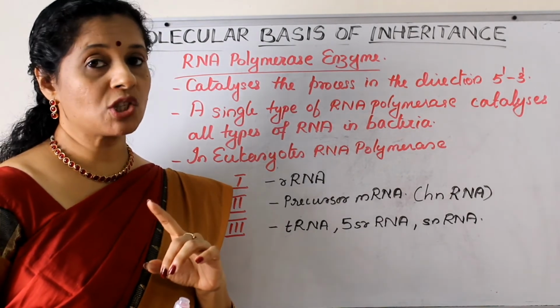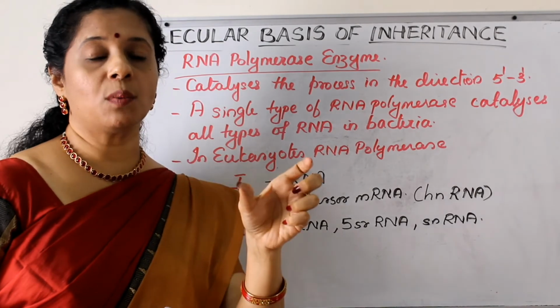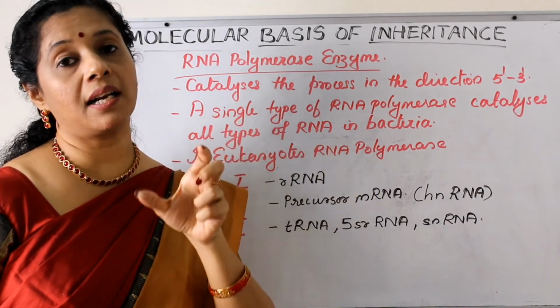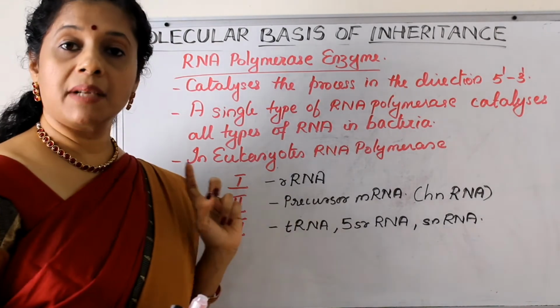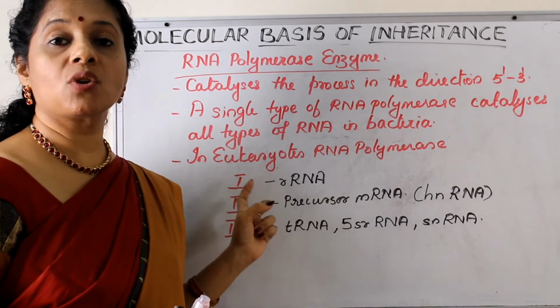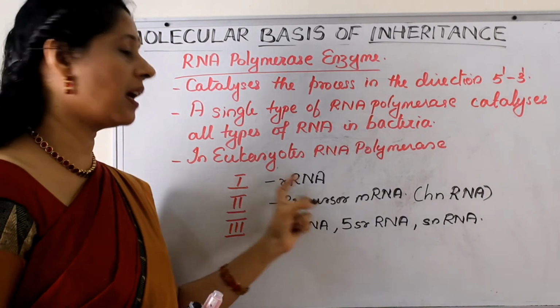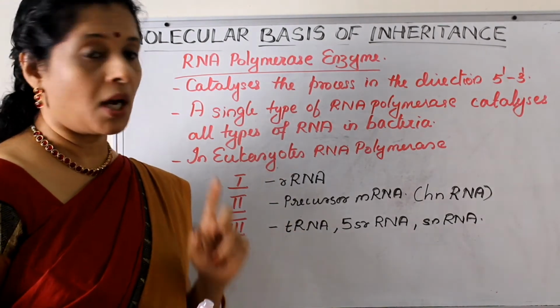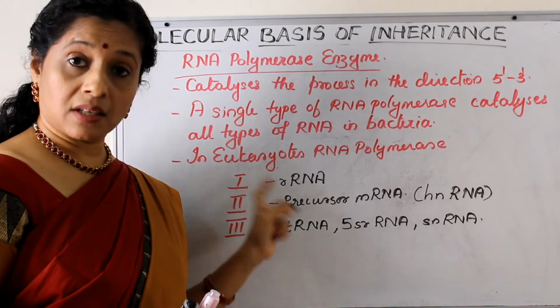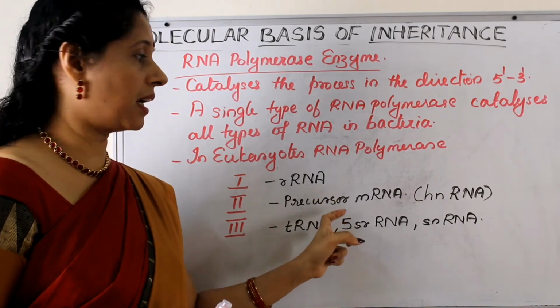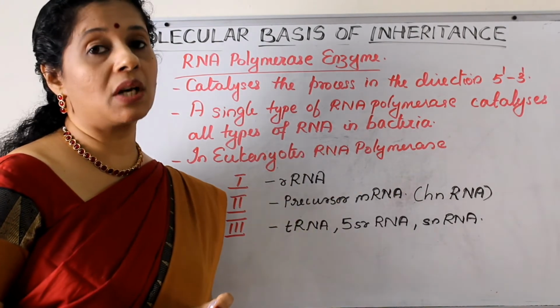But when it comes to eukaryotes, for each one there is a specific RNA polymerase present. For example, RNA polymerase 1 can catalyze only the transcription of rRNA, or ribosomal RNA, whereas RNA polymerase 2 can catalyze the transcription of the precursor mRNA, or the heterogeneous nuclear RNA.